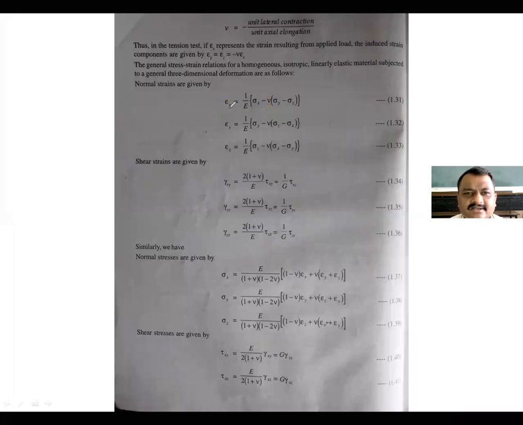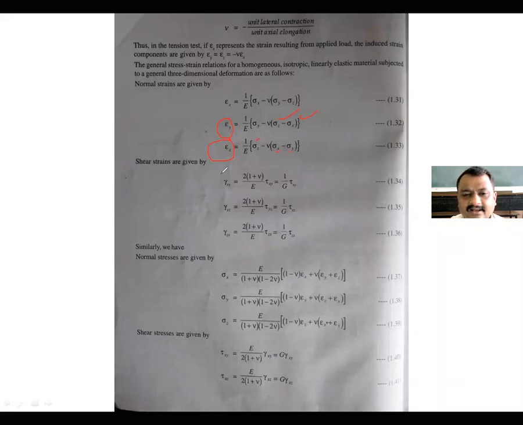So this is epsilon x. This is the stress strain relation for a homogeneous isotropic linearly elastic material subjected to a general three-dimensional deformation, as follows. Similarly, I can write for y. Whenever I am writing y direction, it becomes direct or along that line. Therefore, sigma y by E is normal or direct, and lateral directions become x and z, minus nu into sigma z minus sigma x.